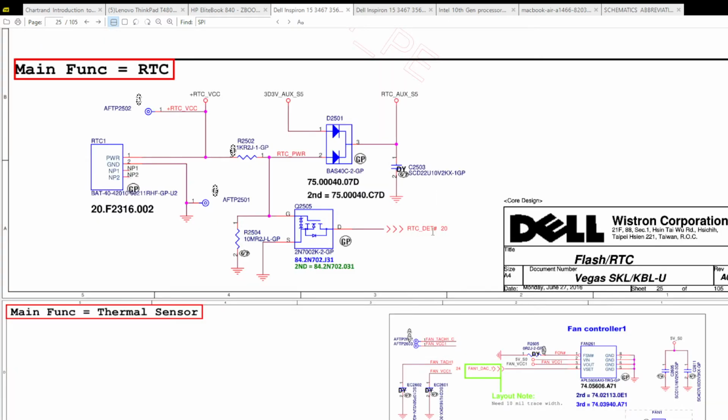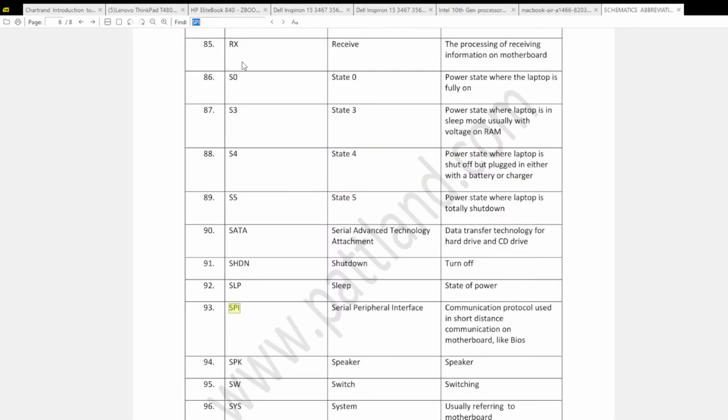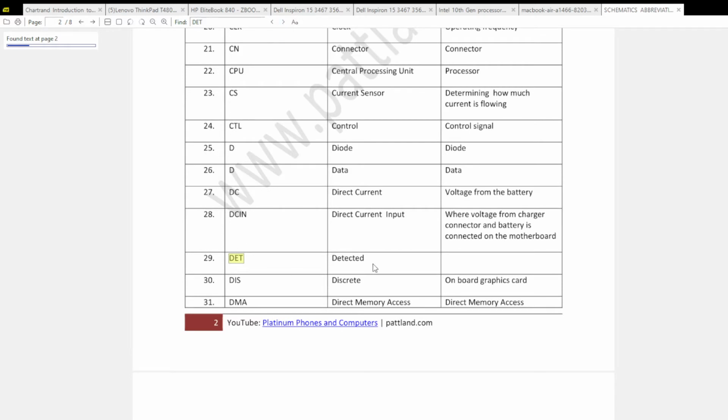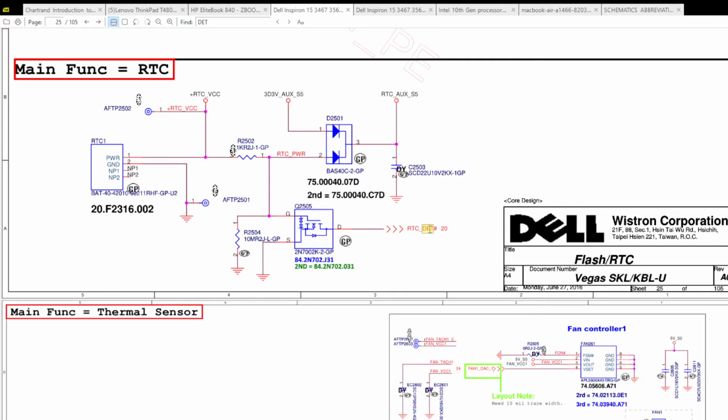You can see here is RTC DET. Let's copy this one, which is DET, and see. So DET means detected, right? If you come back here and say RTC detected, what is RTC? Let's look for RTC.